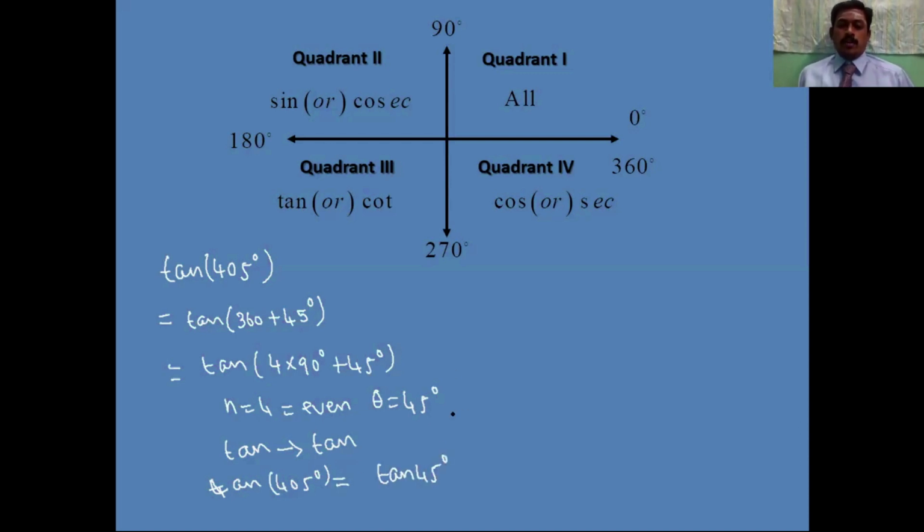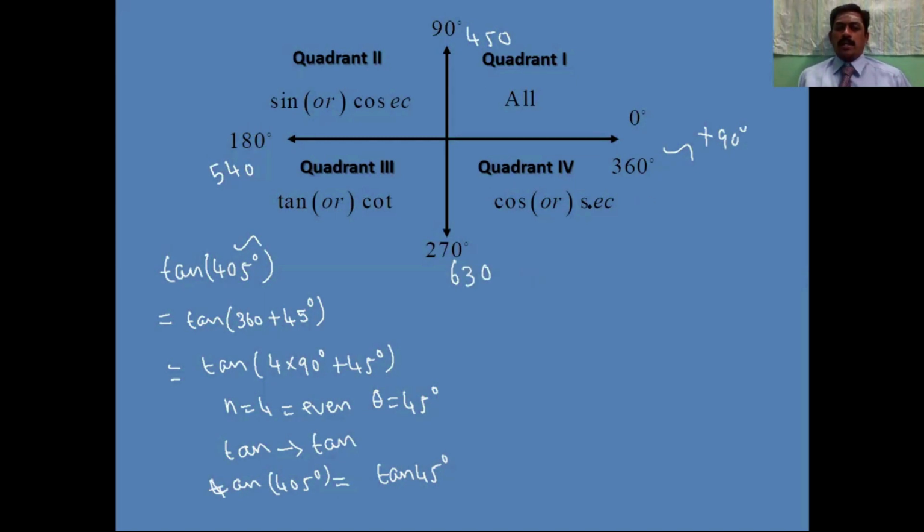Now we are going to decide the symbol. How to decide the symbol? We have to check where the 405 lies. That we have to check first. 405 lies where? It is past 360. We know 360 plus 90 is 450. Similarly, 450 plus 90 is 540.